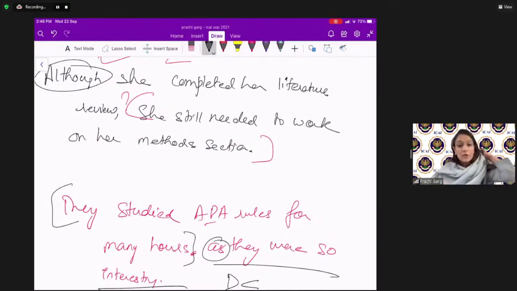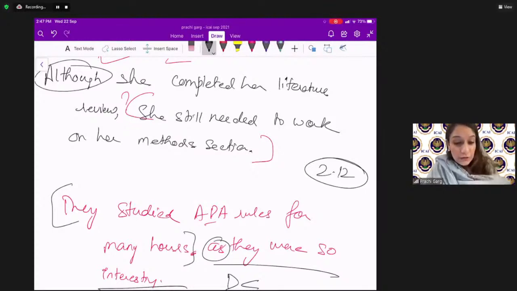These are all the subordinate conjunctions. There is an entire list of subordinating conjunctions given on page number 2.12. So this subordinating conjunction builds a link between two clauses, right?